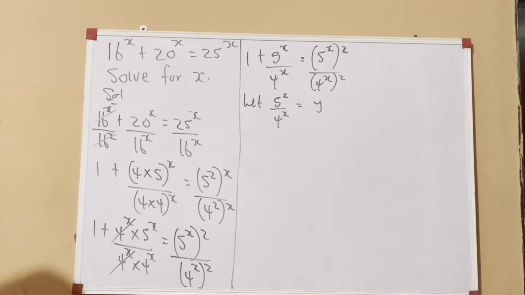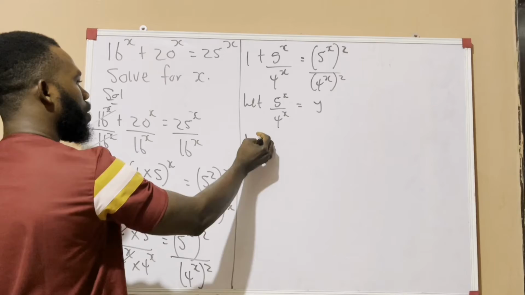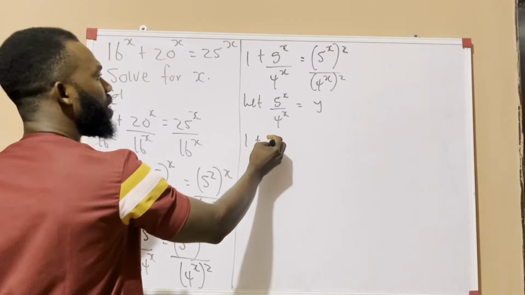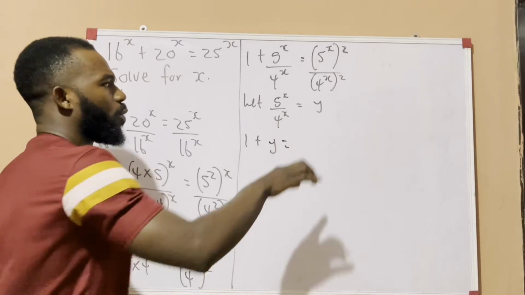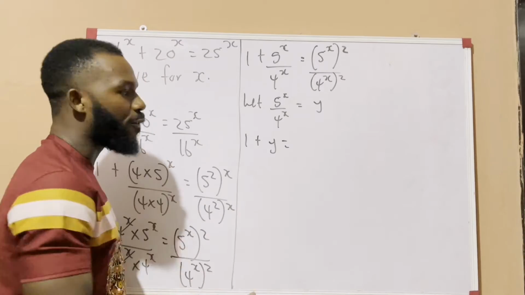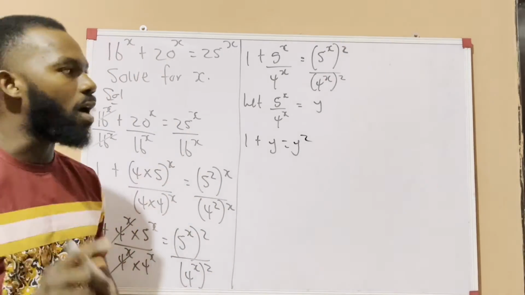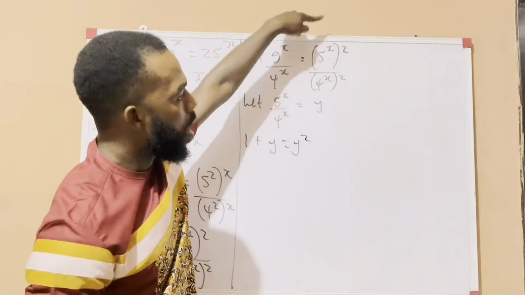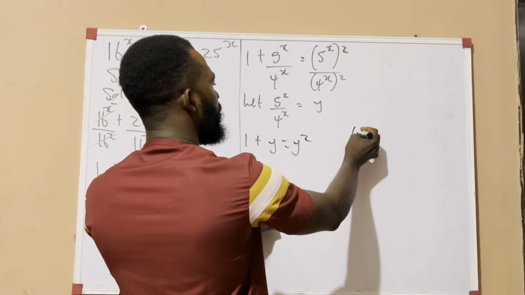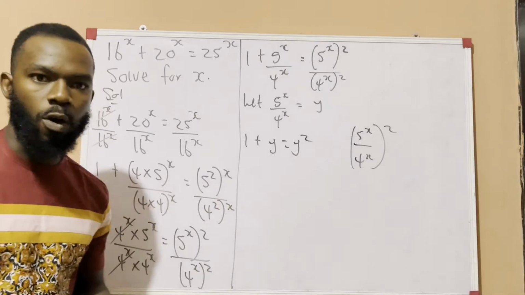So here becomes 1 plus, now 5 raised to the power of x over 4 raised to the power of x is y, equals to 5 raised to the power of x over 4 raised to the power of x, which is y, raised to the power of 2. How? Because this fraction can also be written as 5 raised to the power of x over 4 raised to the power of x, all raised to the power of 2.